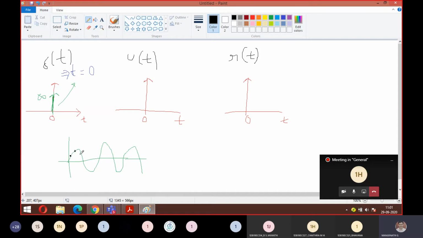I think we have discussed the purpose of conversion of analog to digital in the last class. Have we? Earlier classes, I think we have discussed the importance of conversion of analog to digital.